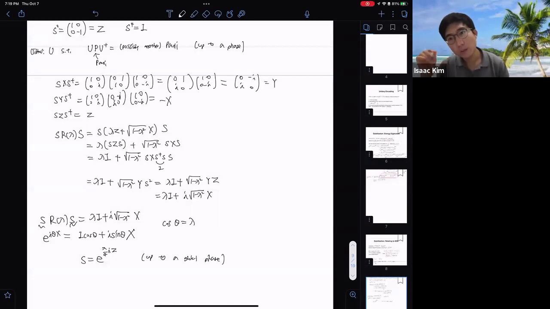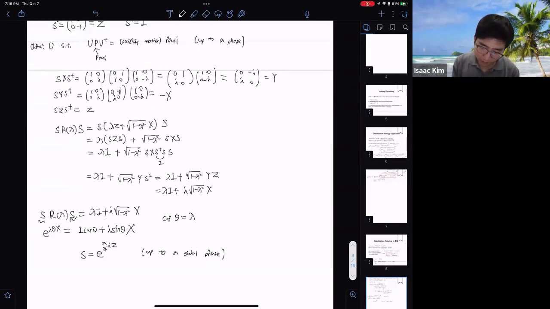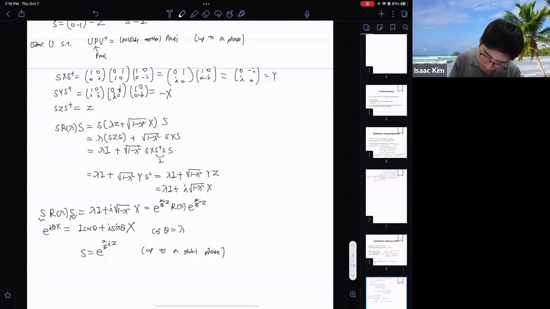It's pretty intuitive because, well, S is a diagonal gate and Z is a diagonal 2x2 matrix. So yeah, it's totally possible. And you can check it. So let's be a little bit more explicit there. So you just simply have that.